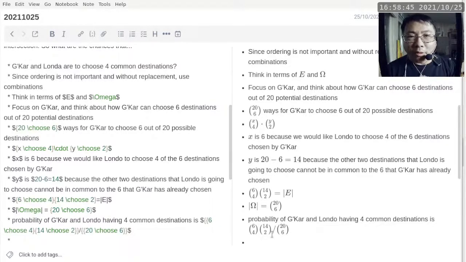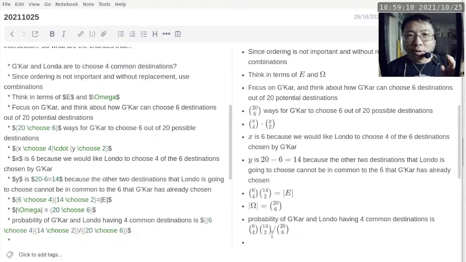In other words, we are looking from the perspective of, let's just say that Jakar, the first person, has already chosen the 6 destinations. In that case, for each way that the first person can choose a destination, what are the chances that the second person will choose 4 destinations that are the same as the first person? That doesn't change, right?